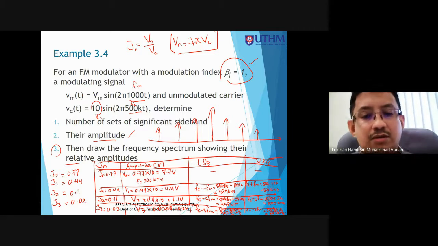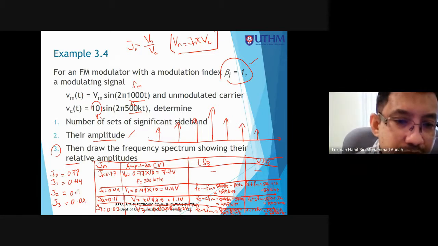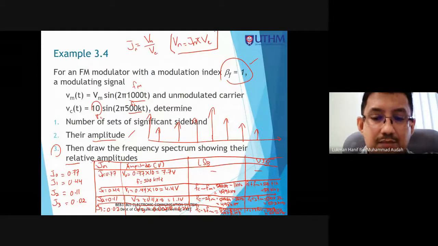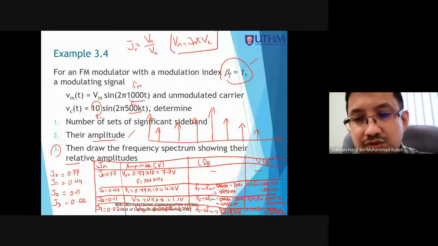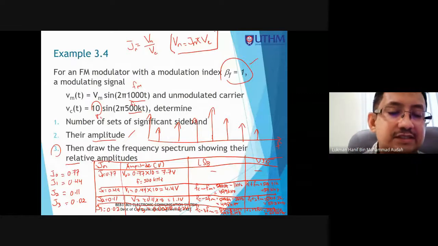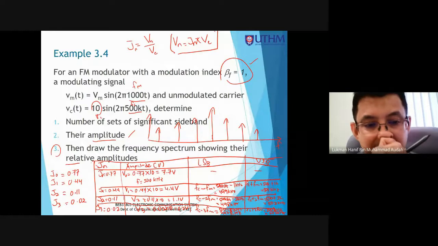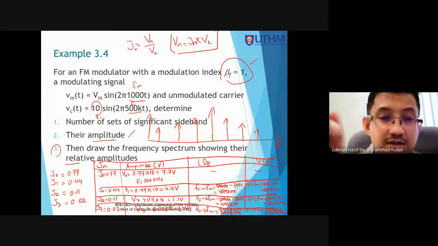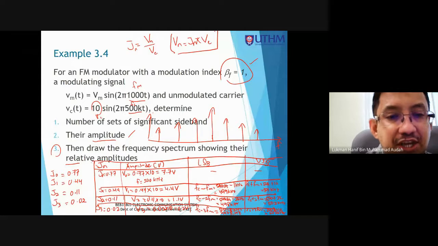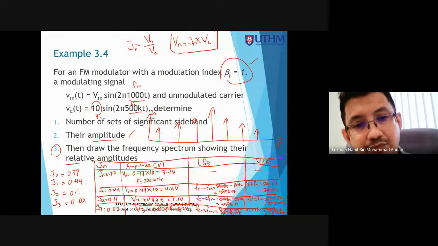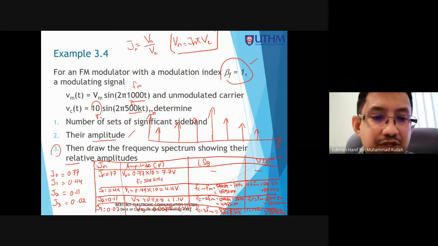Remember to have the axis label. So this is F versus... perhatikan, kalau soalan tanya relative amplitude, that means I want to know Jn versus F. That means I can just put here like this.